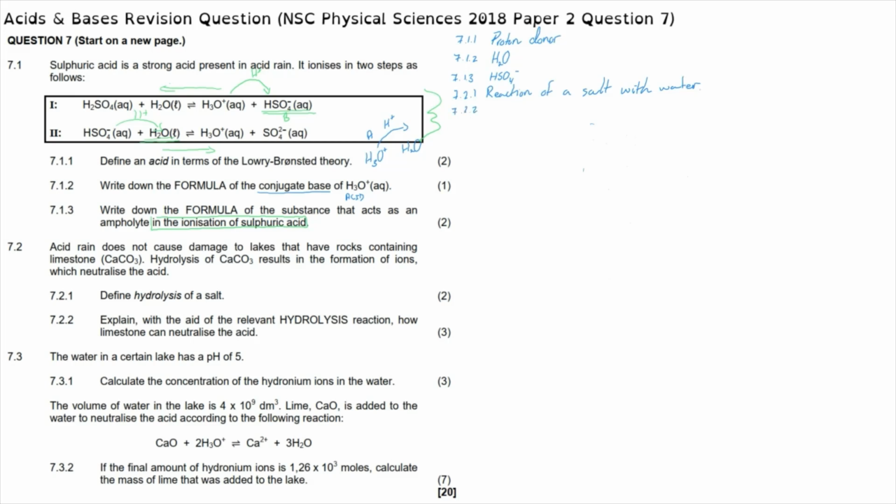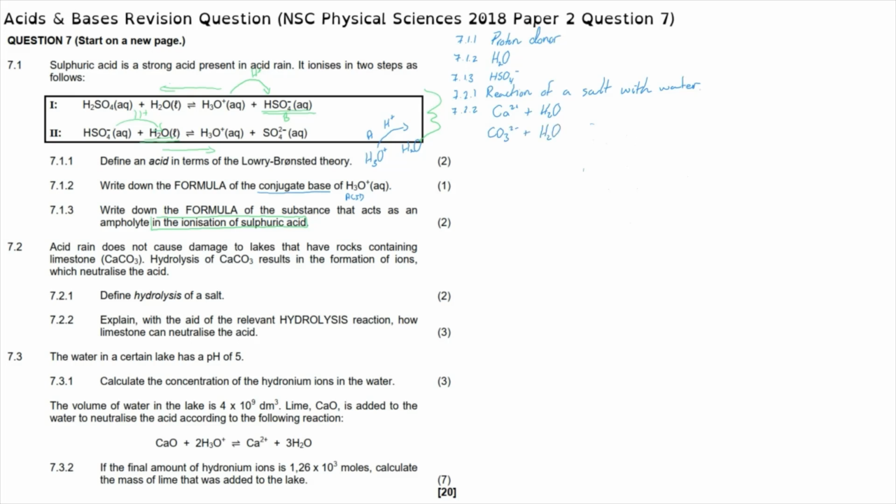And what we need to see here is that when limestone is placed in water, it would immediately dissociate, meaning that there are two ions present in water, those ions being the calcium ion and also the carbonate ion, both the ions present in limestone.